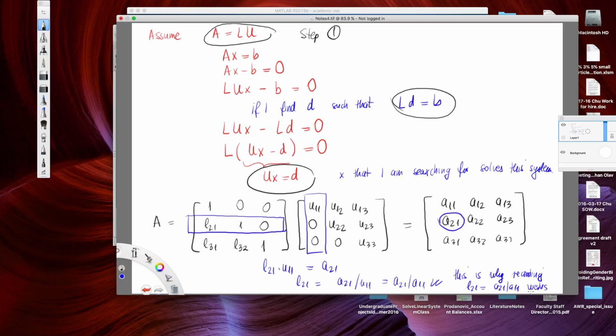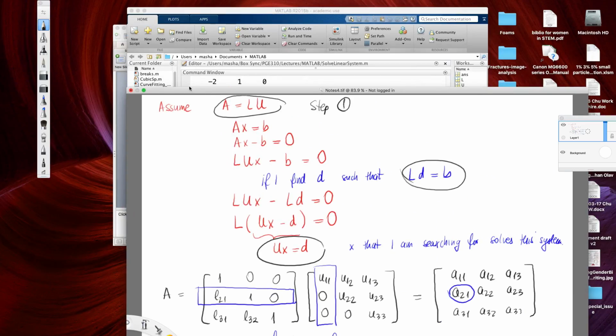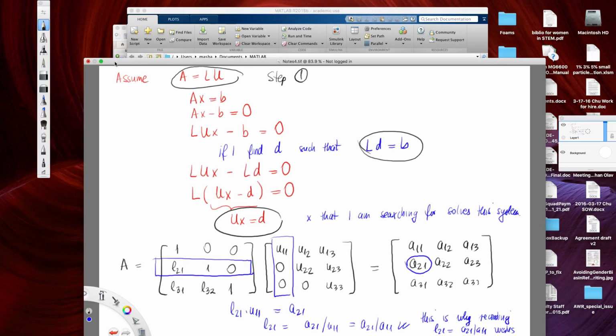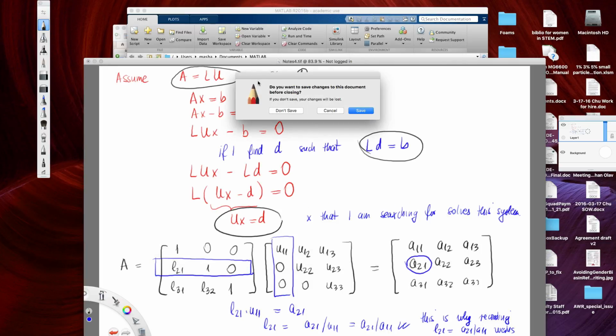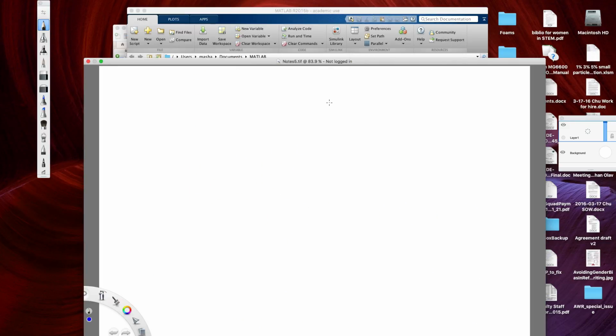One case where you could use this is to find the matrix inverse. So how would I find it? May as well continue to find the matrix inverse here.